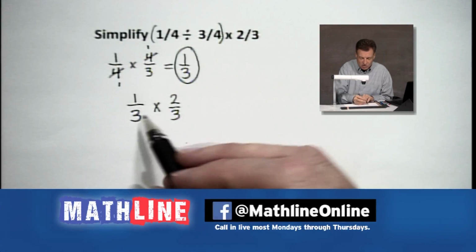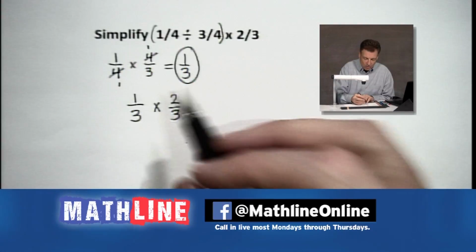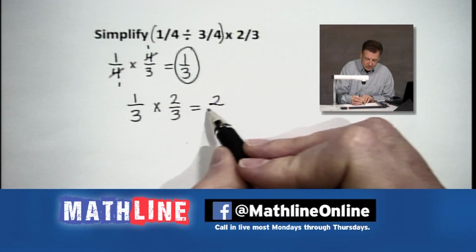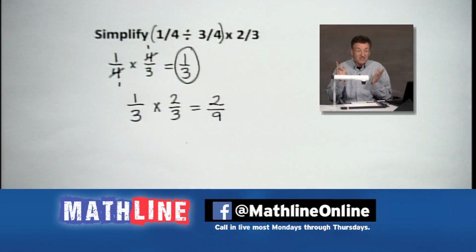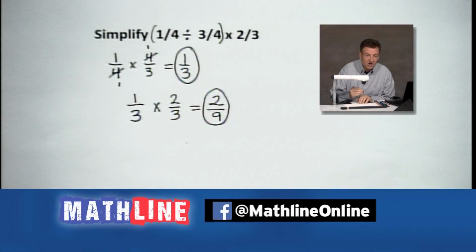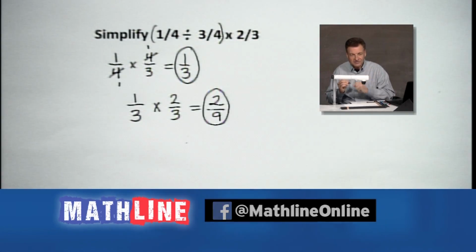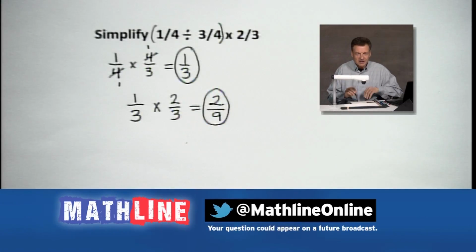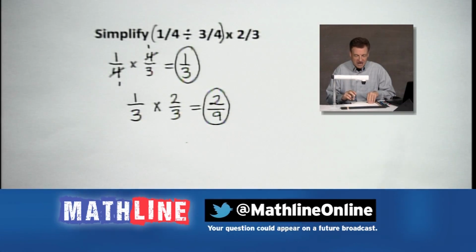No, we can't because it's horizontal, right? So what we can do is multiply 1 times 2 and 3 times 3, and that's all she wrote. That's as good as that one's going to go. That's where it ends. And again, watch what you're doing, all right? Take it step by step, all right?